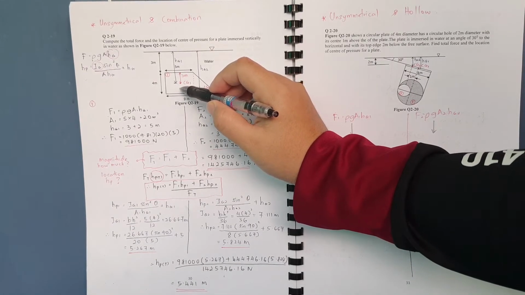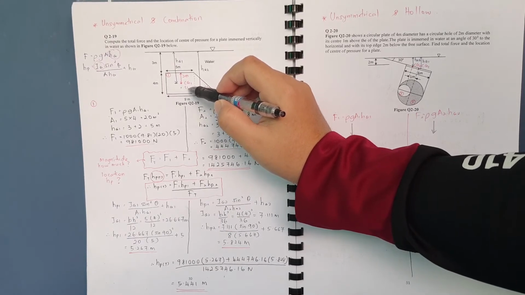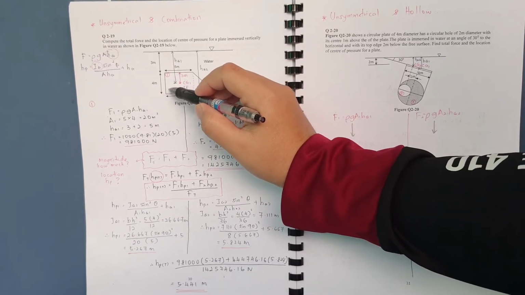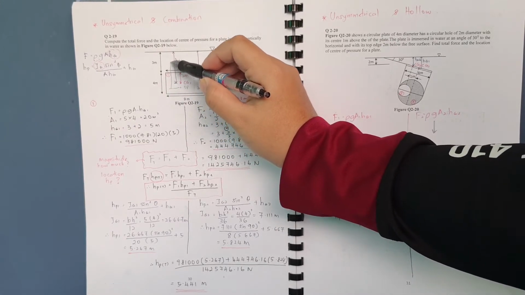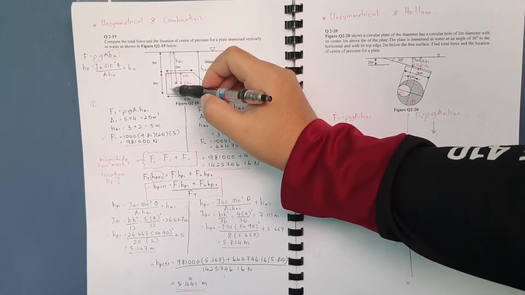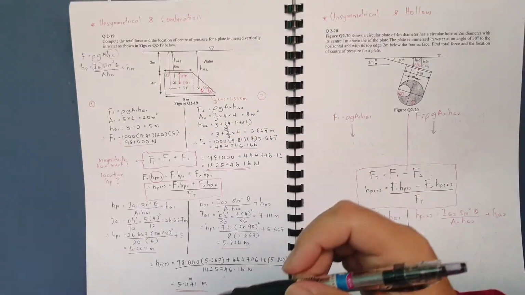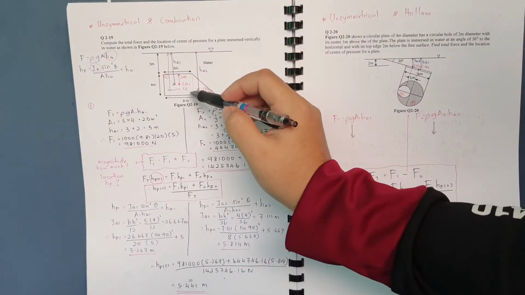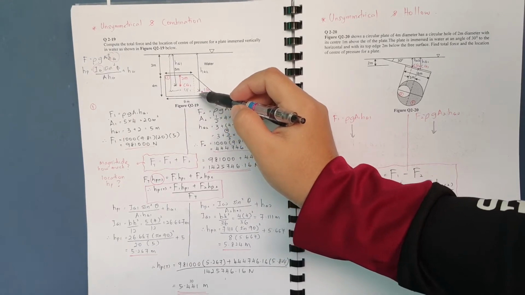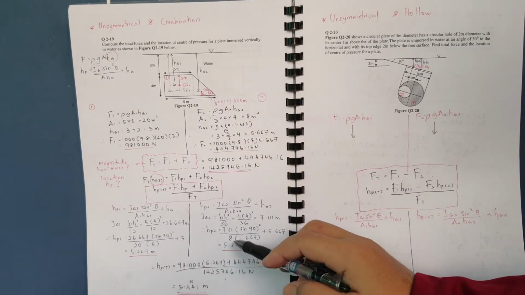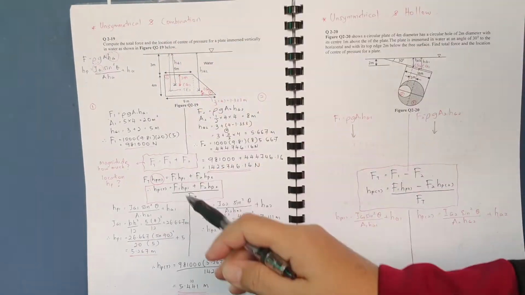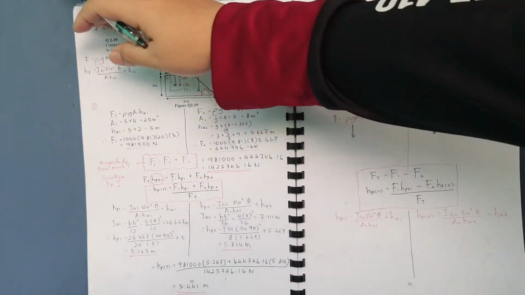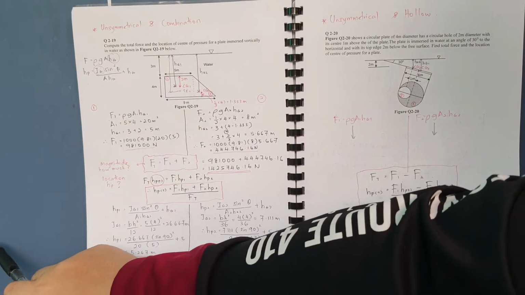So remember, below the CG is the CP. So the CP is at 5.267 from above. Okay. So for CP2, after you calculate the HP, you can determine the point CP at 5.824 from above.